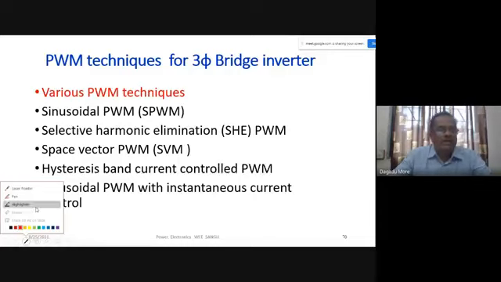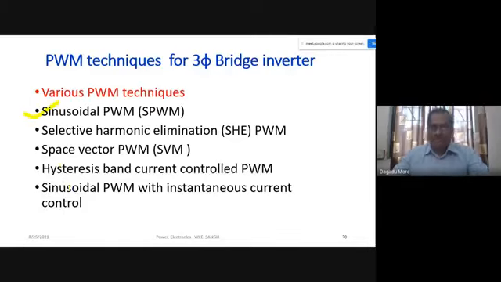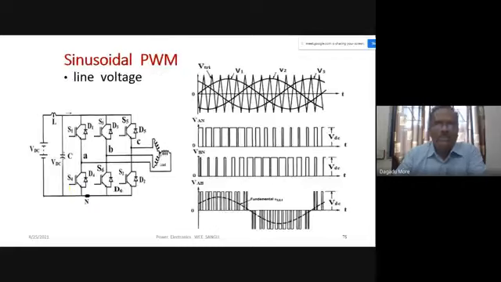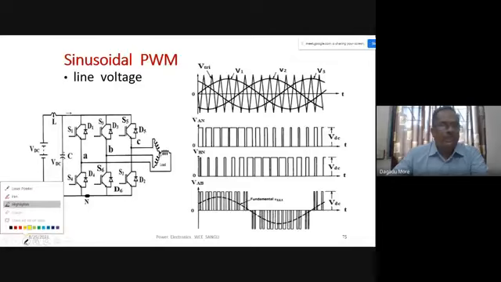Out of these, we are interested only in sinusoidal PWM. Other PWM techniques we'll discuss in due course of time. Now we have discussed this sinusoidal PWM, and how we obtain the switching signal for these six devices.